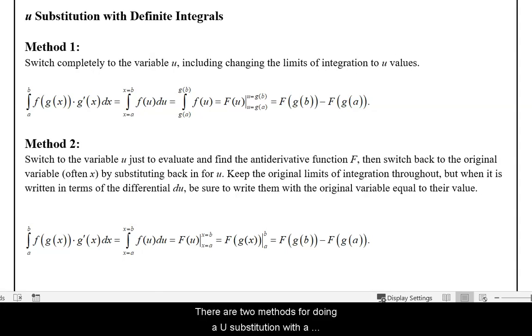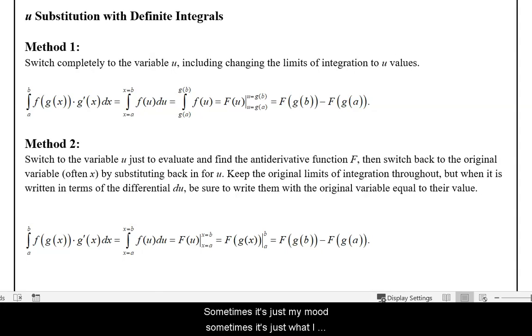There are two methods for doing a u substitution with a definite integral. I use both methods. I don't have a clear preference for one over the other. I do literally use them both. Sometimes I use one, sometimes I use the other.